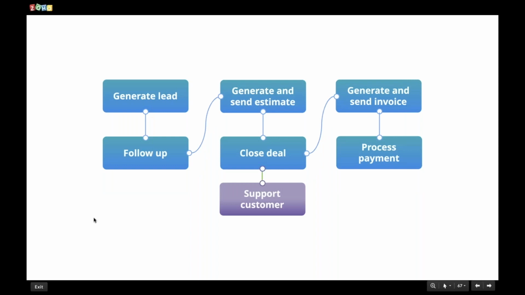Now, there's another piece to this, right? We've talked about lead to cash, which means we've actually created a customer. So Zoho One also offers the ability to do customer support. We have a help desk, which is what we call a multi-channel ticketing system, because it allows you to take support requests from email, phone, social media, live chat, and also through the web.